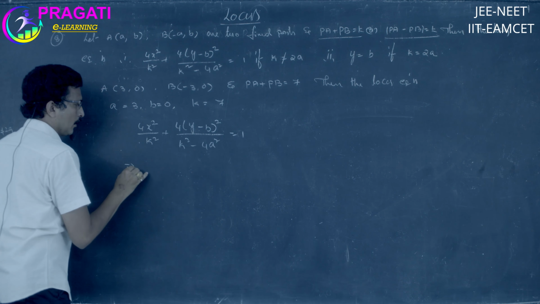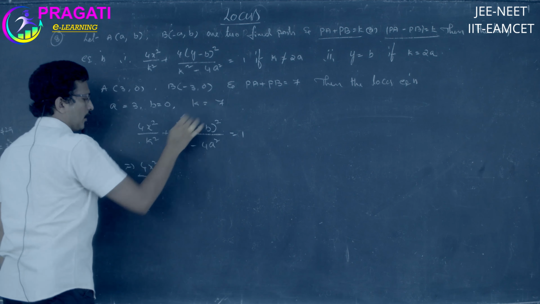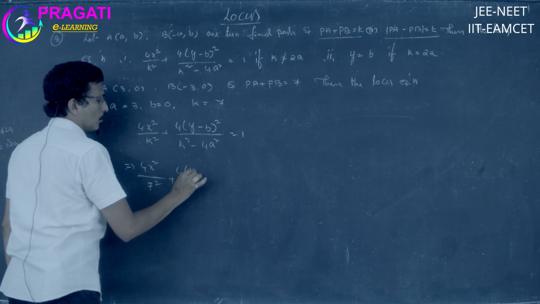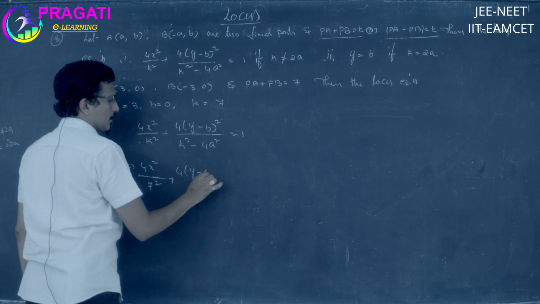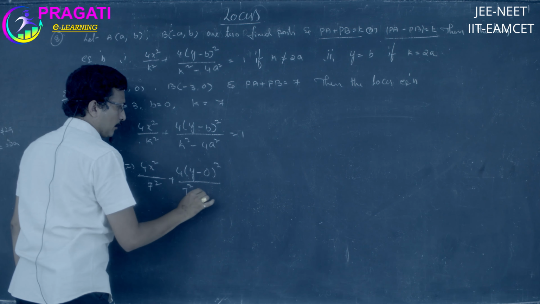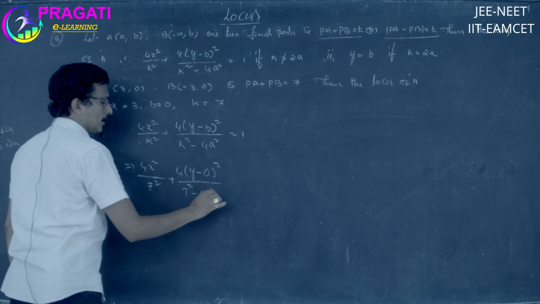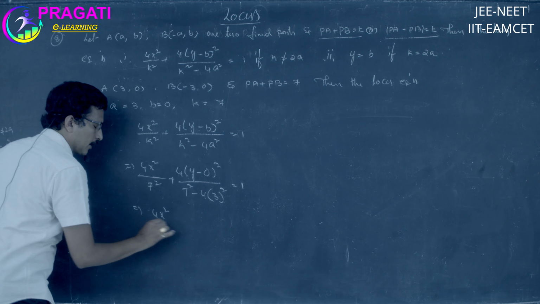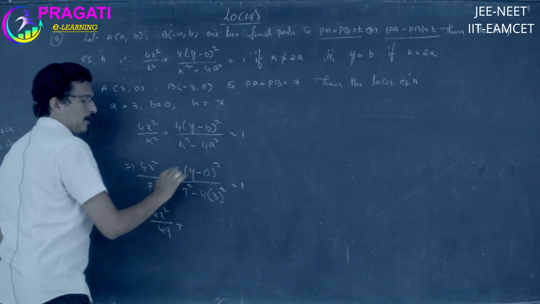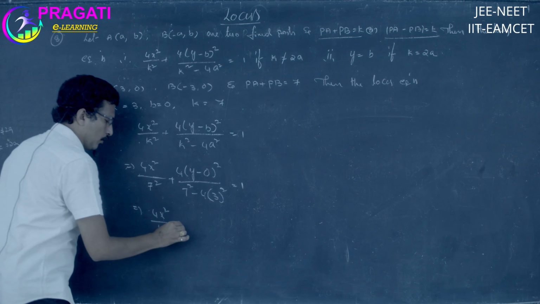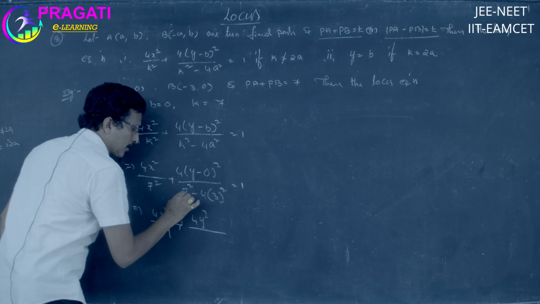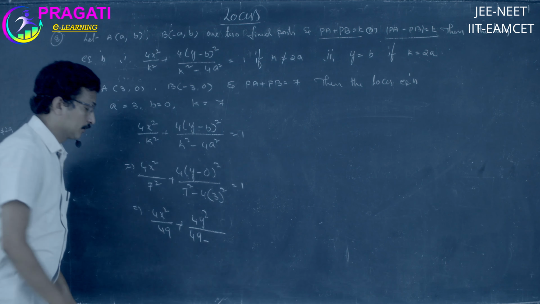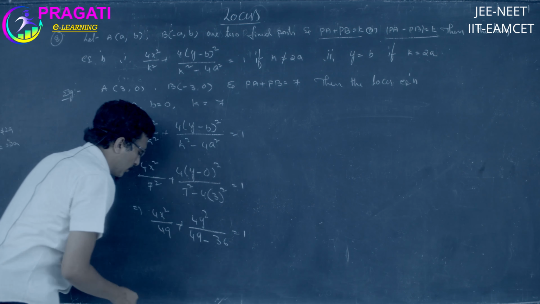Here k square means 7 square, 49, and b means 0, and a square means 3 square, 9. So 4x square by 49 plus 4y square by (49 minus 9 into 4, that is 36) is equal to 1.